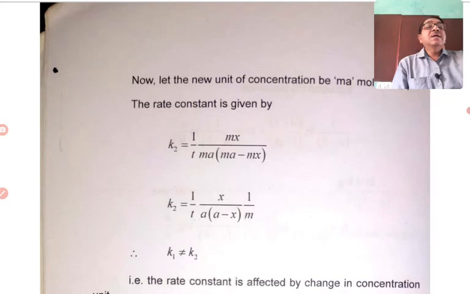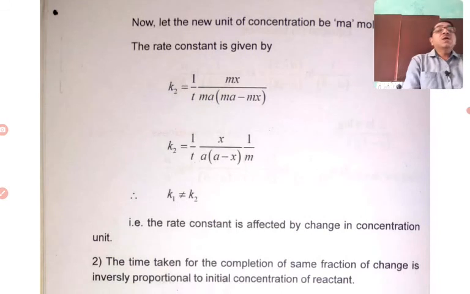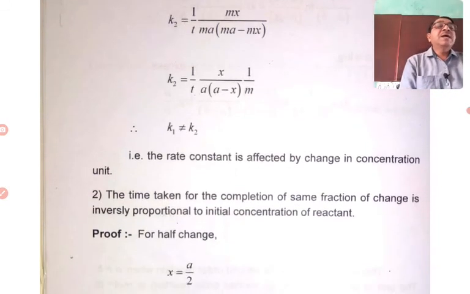Considering and simplifying the m factor part, we get the simplified form as x upon a into (a minus x) into 1 upon m. Here we are not getting equal values for K1 and K2, means K1 and K2 are not equal. That is, the rate constant is affected by change in concentration unit.